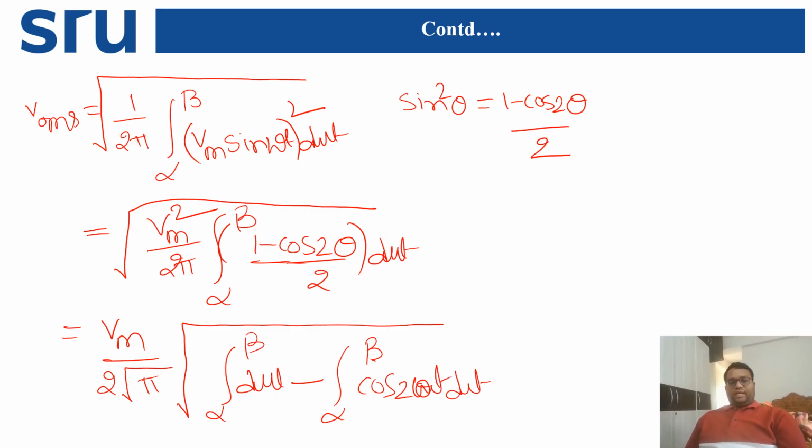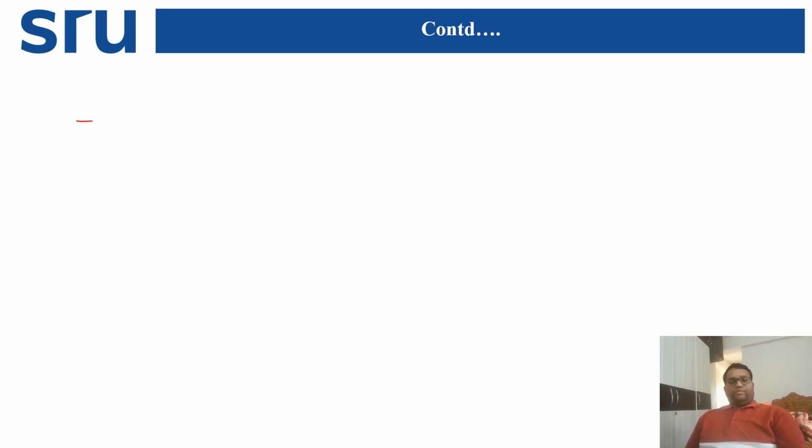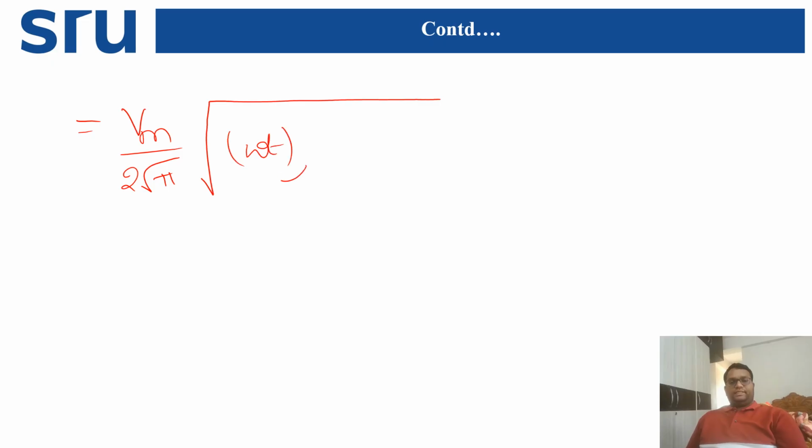Next, if you observe, take it as the next step, that is Vm by 2 root pi, square root of the integration from alpha to beta of d omega t, which is nothing but omega t. Let us take it as the integration from alpha to beta. Integration of cos 2 theta is nothing but sine 2 theta by 2, integrated from alpha to beta.